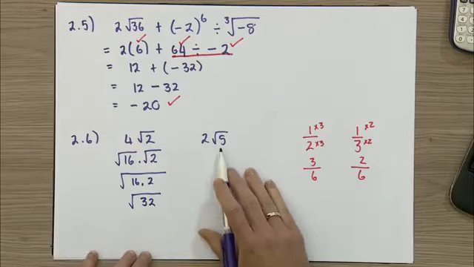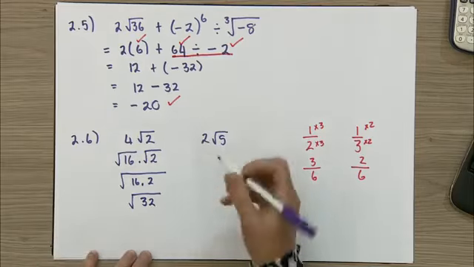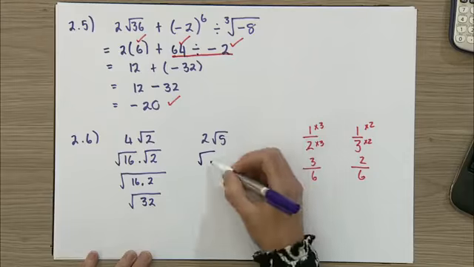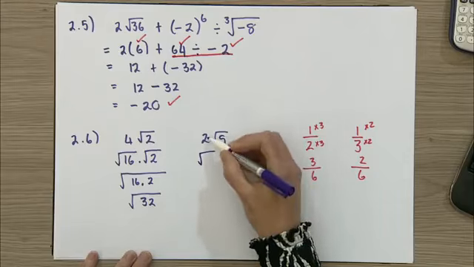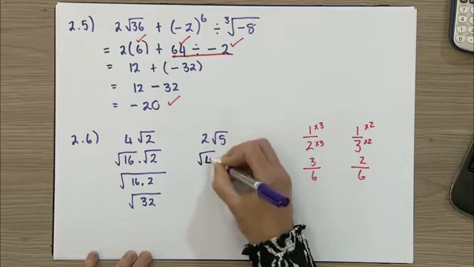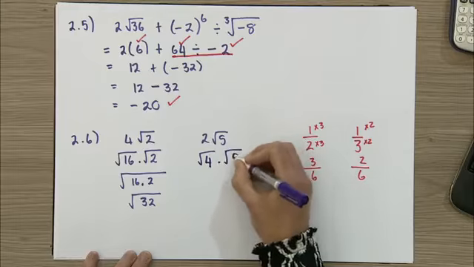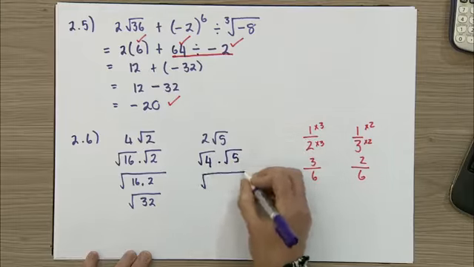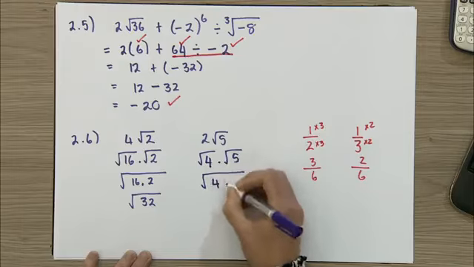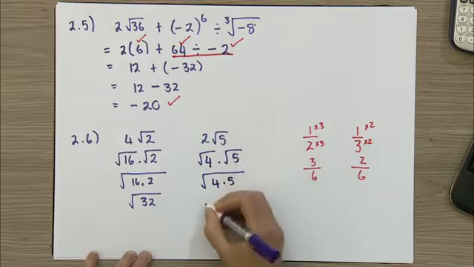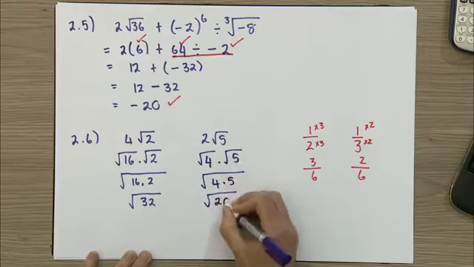Let's go do the same on this side. What number, when I took the square root of it, I got an answer of 2? That is 4. So it's the square root of 4 times the square root of 5. Let's write it as one thing: 4 times 5, so it's the square root of 20.